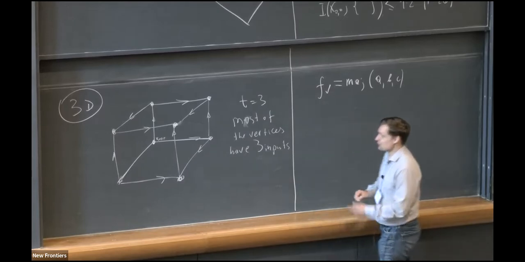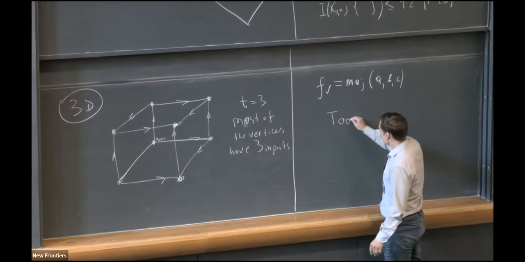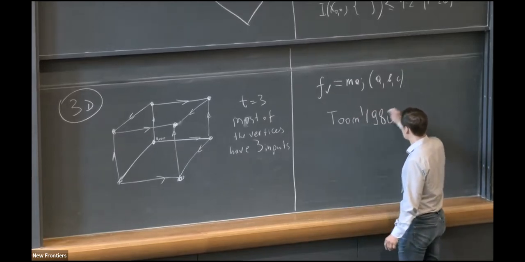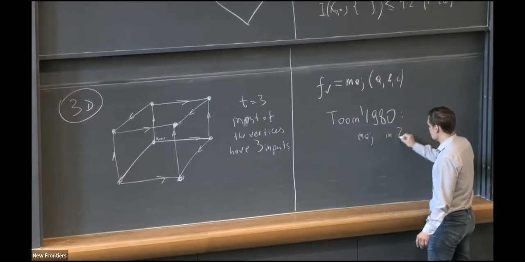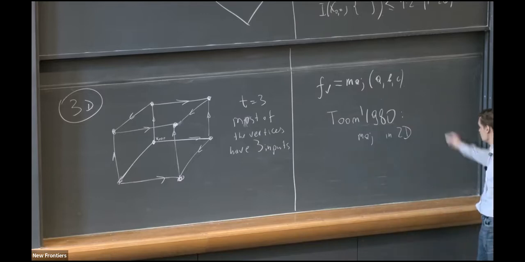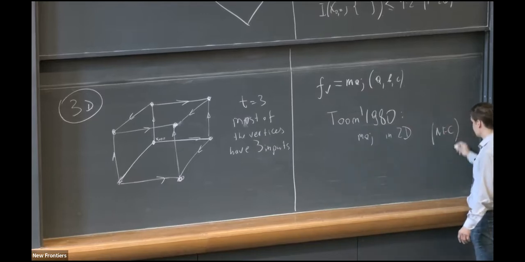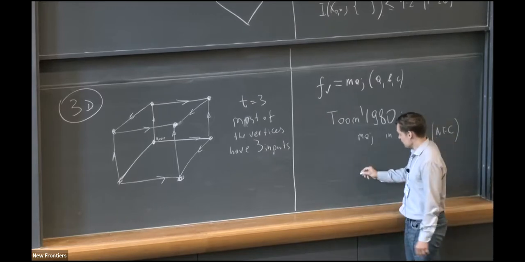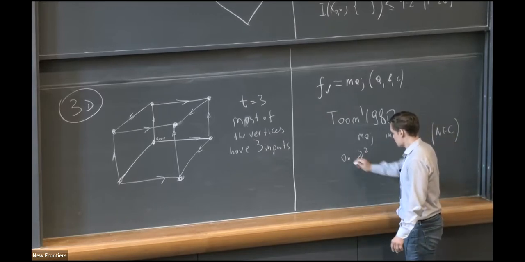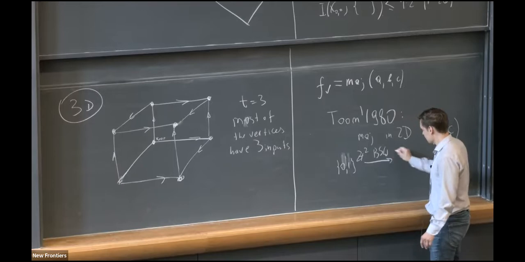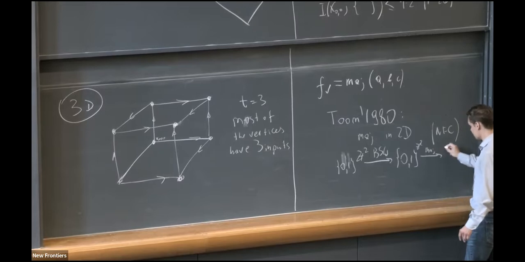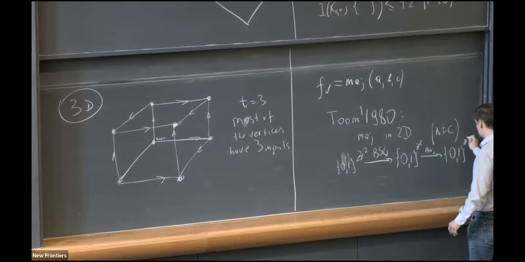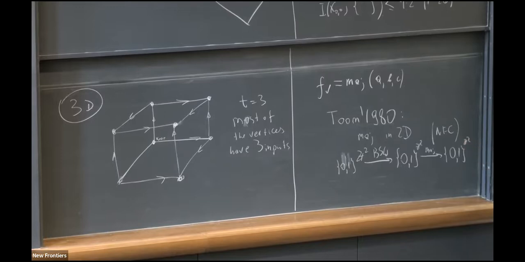That majority somehow has the property of cleaning up noise, and indeed, Andre Thom in 1980 showed that majority. So majority vote in 2D, something known as NEC rule, if you think of it as a noisy cellular automata, so you think of the operation on the infinite square lattice.